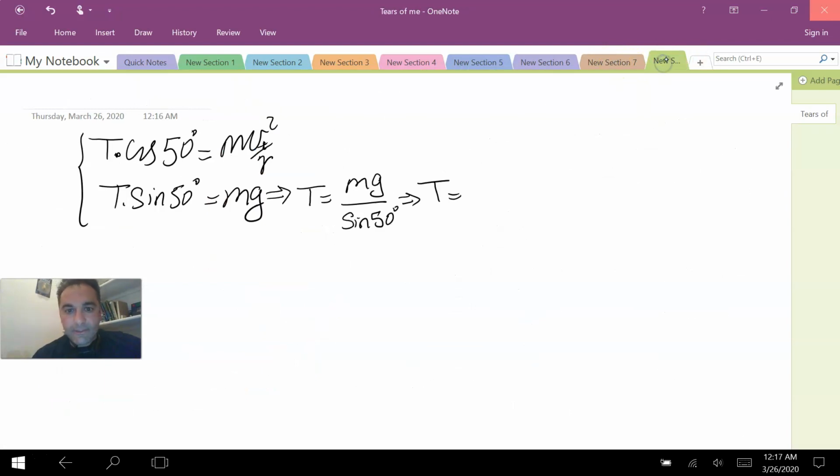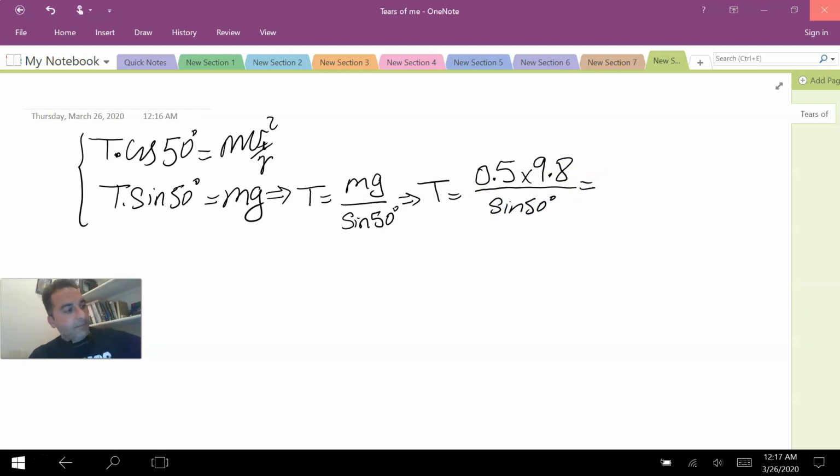Mass of the ball is 500 grams. Remember, you have to convert it to kilograms. 500 divided by 1000 will be 0.5 times 9.8 divided by sine 50.